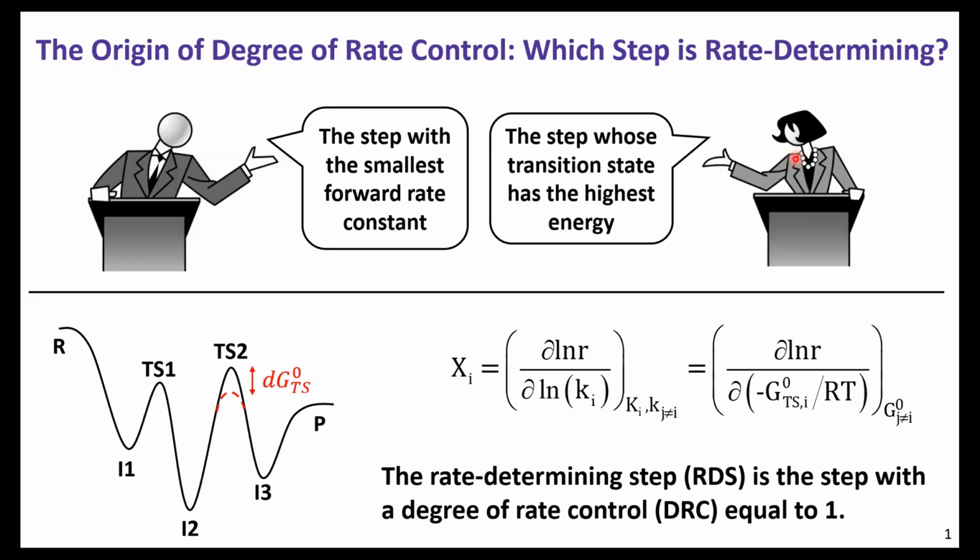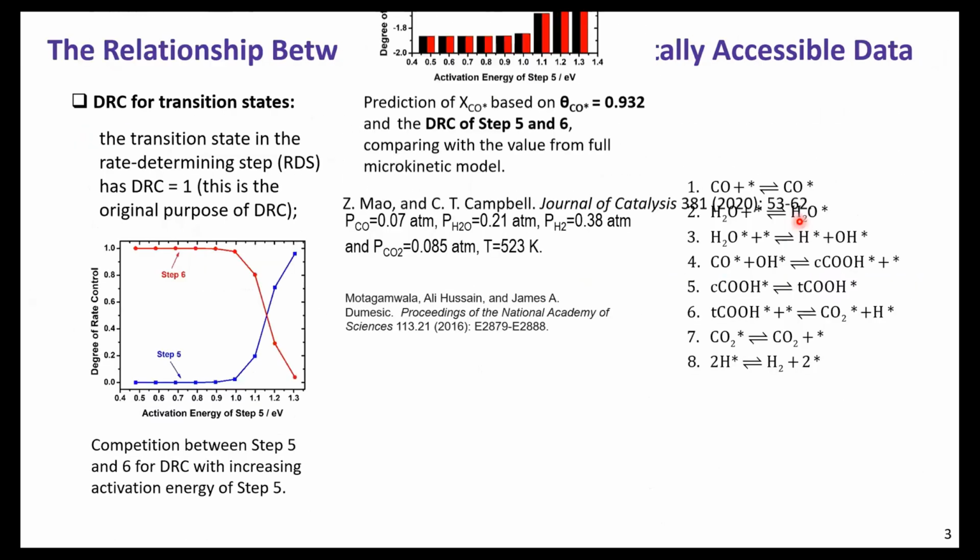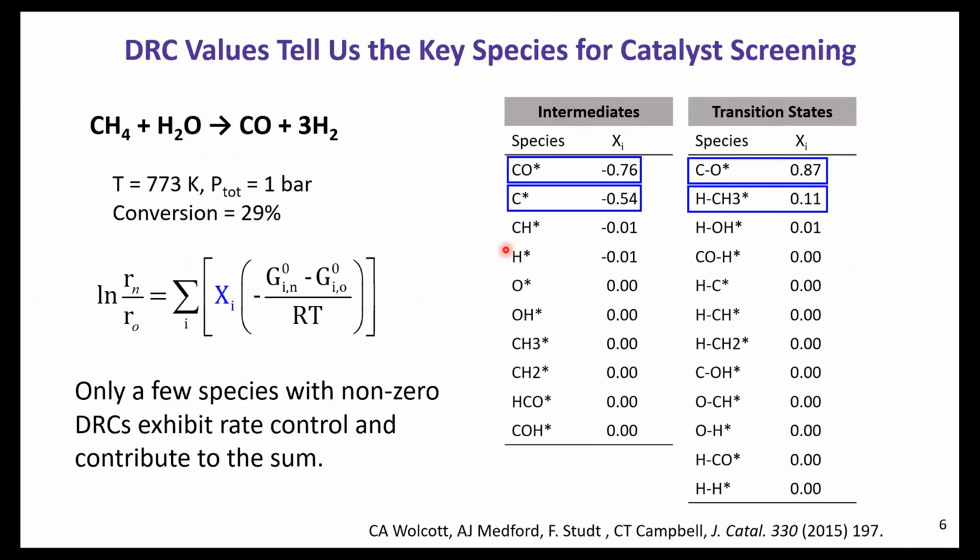Also you can look at the paper published by Philip Christopher in ACS Catalysis. This is the only DRC paper published by their group. They actually did the thing you said. They relate the DRC analysis with the linear scaling relationship. The final result of their paper is, in our equation, we have the summation of the DRC times the energy difference.